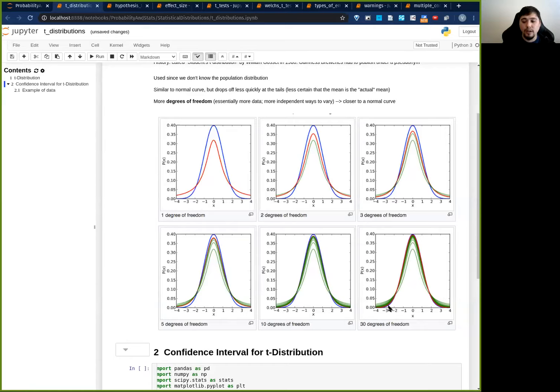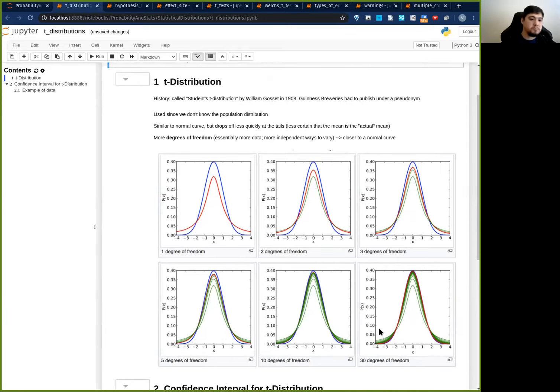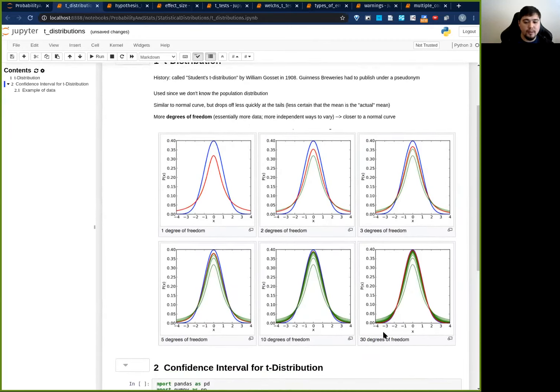As you get close to 30, the red is almost exactly the normal curve. At 30 degrees of freedom and greater, meaning you have at least 30 people, we can say it basically is the normal distribution, so we don't have to worry about it. As long as we have a large set, more than 30 people, we can say we have the normal distribution, close enough.